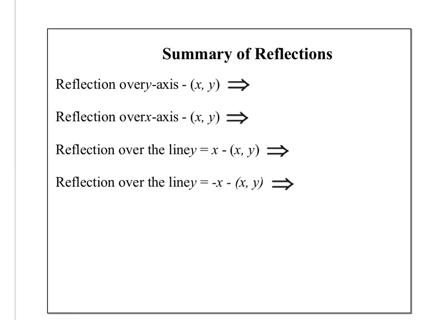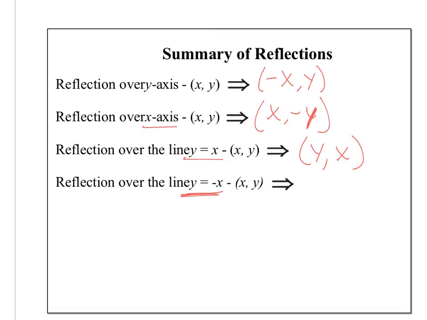So in this slide, we're just going to summarize the 4 reflections that we just did. For reflection over the y-axis, we negated the x-coordinate, and that's what our general rule looked like. For a reflection over the x-axis, we negated the y-coordinate. Okay. Then we had y equals x, where we flipped the coordinates. xy became yx.